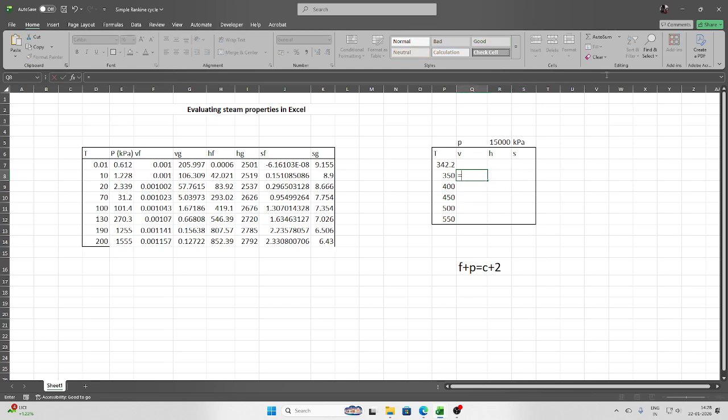Then I simply say specific volume with respect to pressure and temperature for water. You select the pressure, and as this is going to be constant, make it fixed. Then this temperature, okay, that's it. So you will be getting the specific volume.